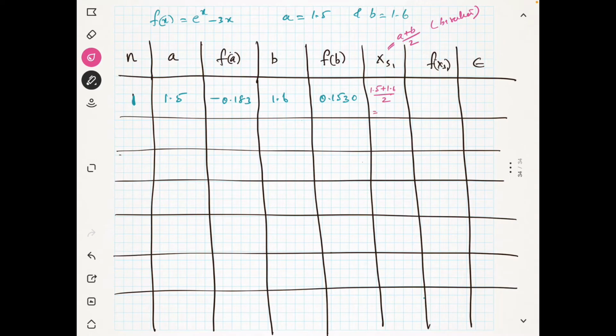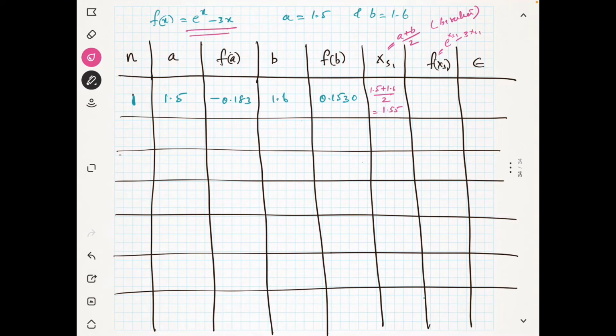You will get this answer as 1.55. Okay, now you can find f of xs1. F of xs1 is nothing but e power xs1 minus 3 times xs1. This is the equation, because you know what is f of x.